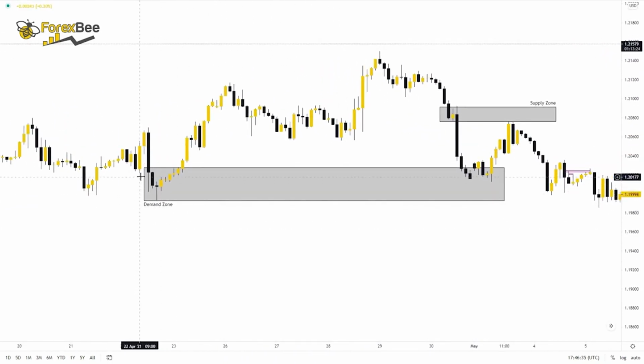Let me show you another example. Here you can see that there is a demand zone created, with one big candle, this one, and another big candle, this one, and then there are some base candles. As you can see, there are a lot of base candles here, and this is a demand zone, but a weak demand zone. It is not as strong as this supply zone because there are a number of candles in between two big candles.